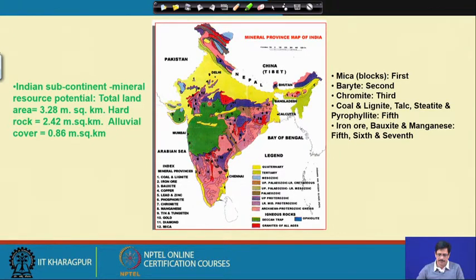This is the part of the Deccan Trap which covers a substantial part of peninsular India, and just keeping that aside, we see that peninsular India is basically an amalgamation of a few old Precambrian cratonic blocks.